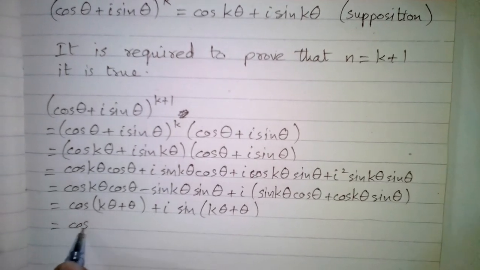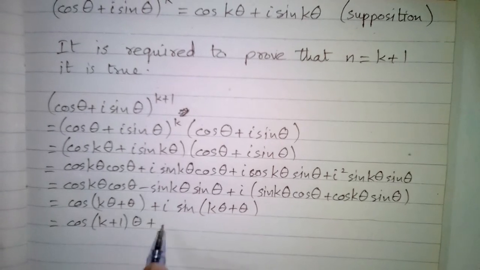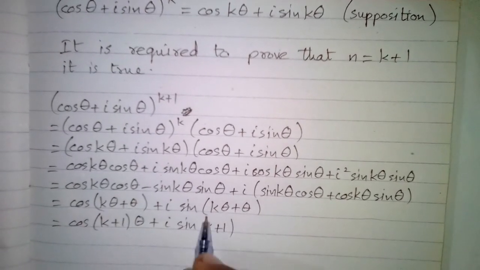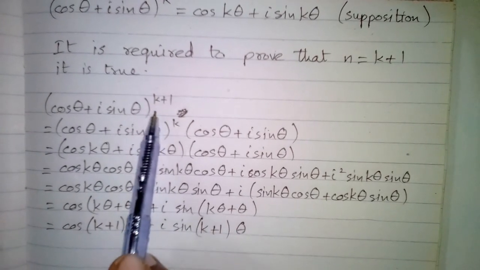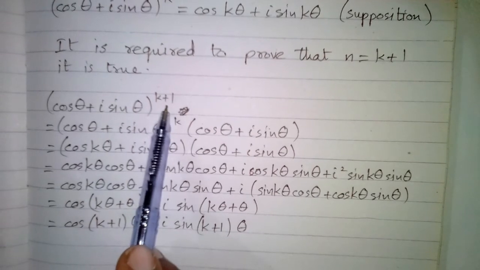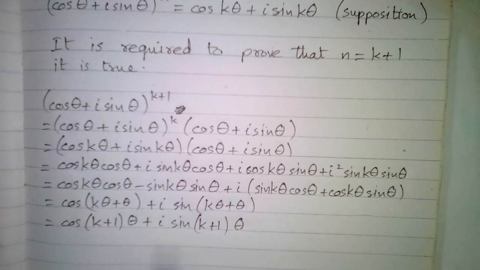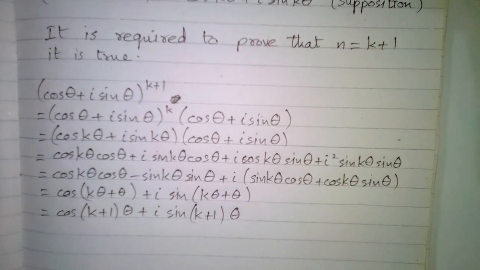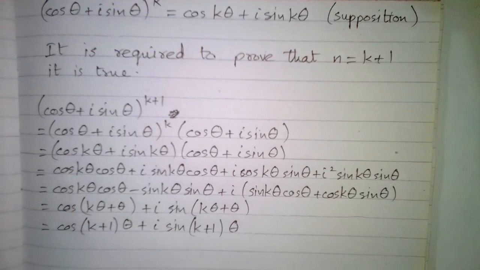Now we can take theta common, so we have cos of (k plus 1) times theta plus iota sin of (k plus 1) times theta, and now we can see that the power k plus 1 will become the coefficient of this angle theta. So this is what was to be shown, and we have proved De Moivre's theorem with the help of mathematical induction.